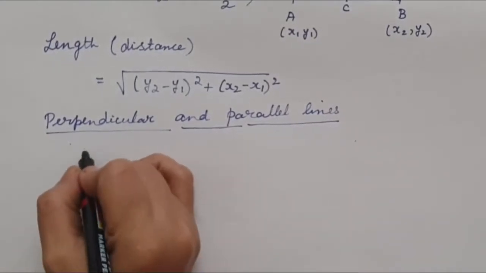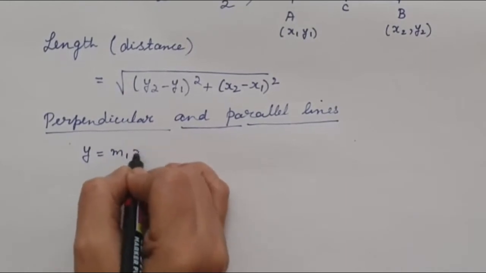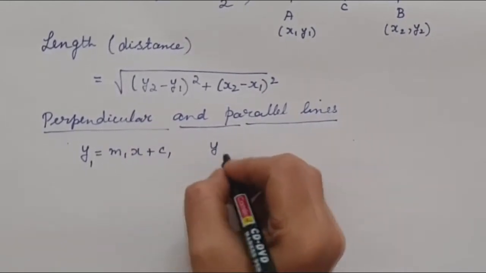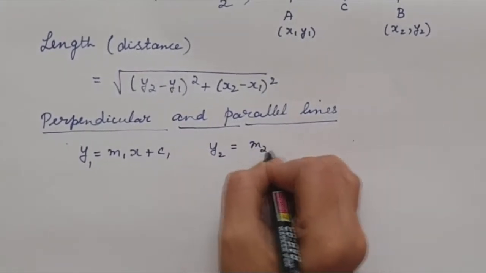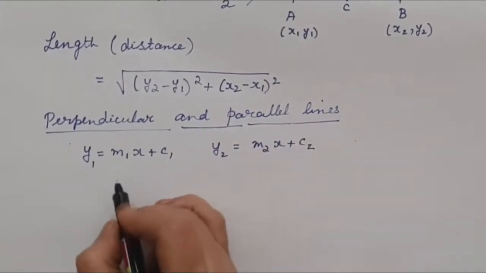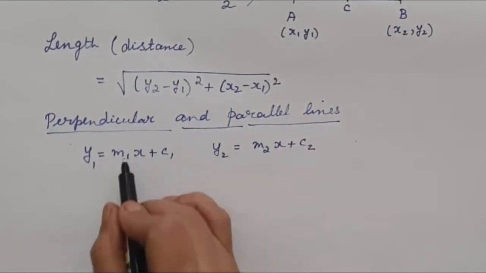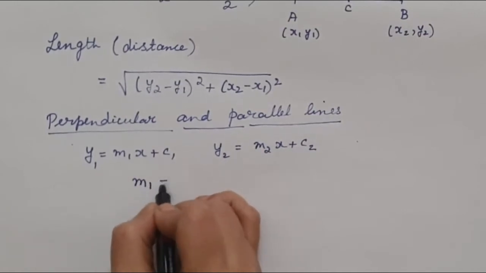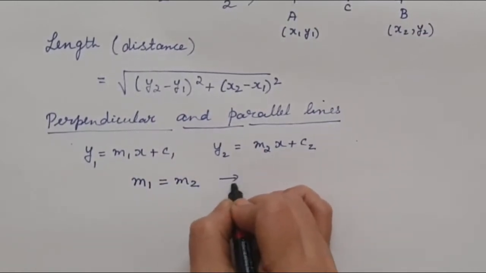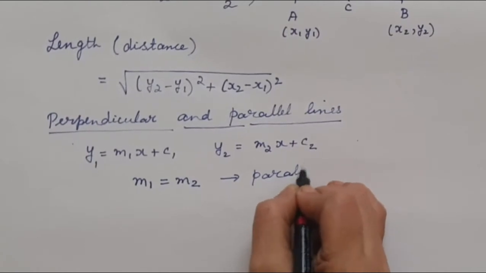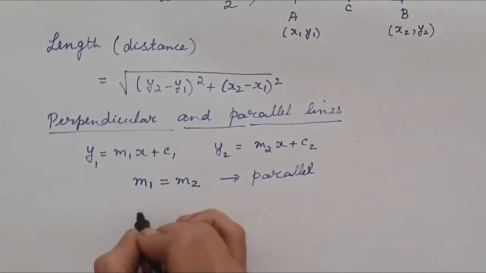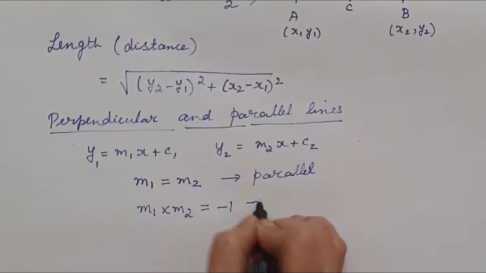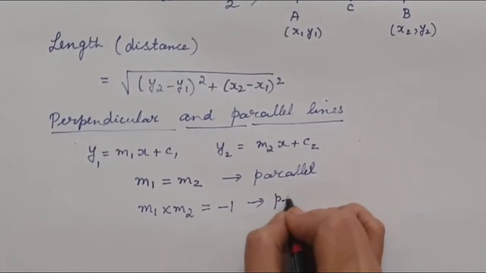If we are given two lines, y1 equal to m1x plus c1 and y2 equal to m2x plus c2, and if the two lines are parallel, then these two lines will have the same gradient. That is, m1 will be equal to m2 when the lines are parallel. And m1 multiplied by m2, the product of the gradients, will be minus 1 when they are perpendicular.